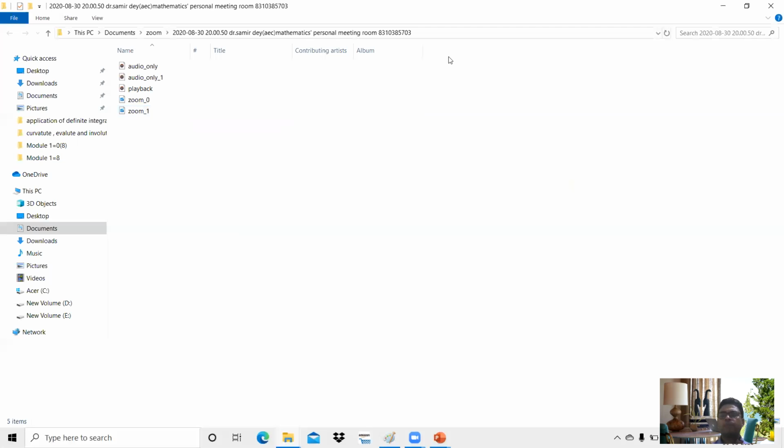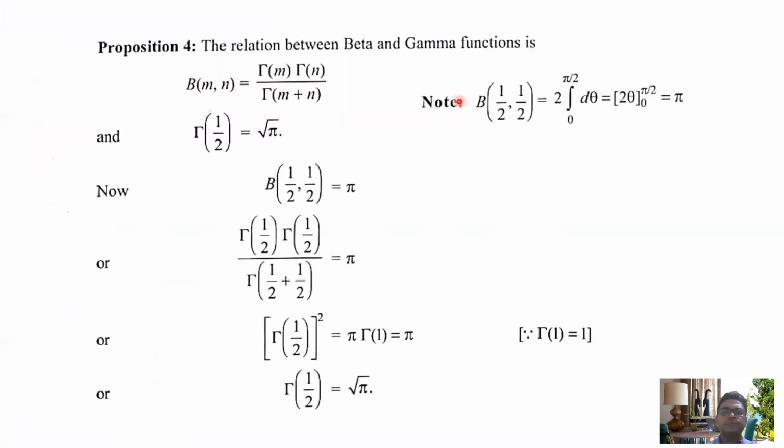The proof of this property is not included in your syllabus, but you should memorize this most important formula, the relation between the beta and gamma functions. Beta mn is equal to gamma m gamma n by gamma m plus n.